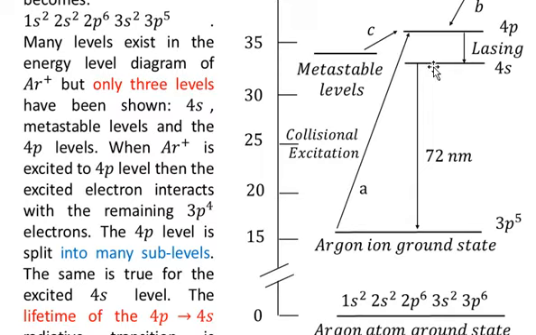You know that none of the 4p or the 4s levels is coinciding in energy with the metastable state levels, because none of them is resonant with the metastable states.